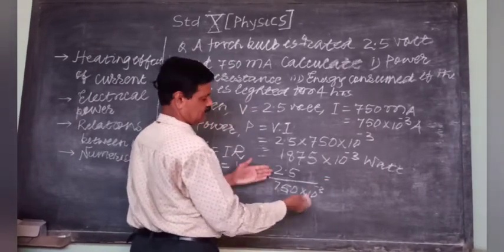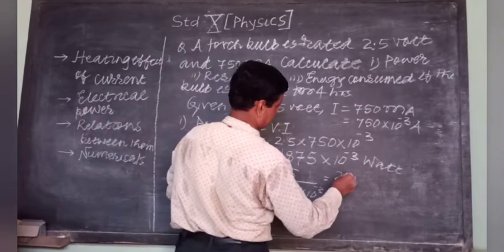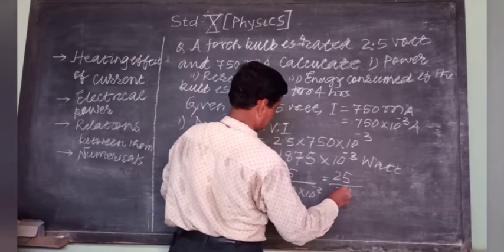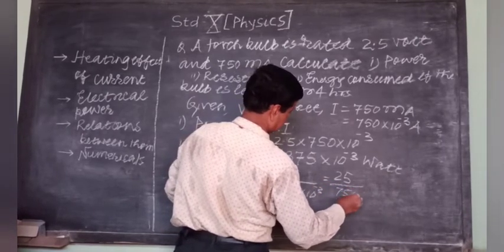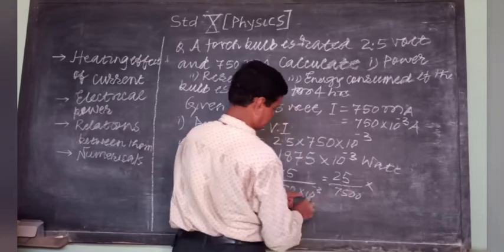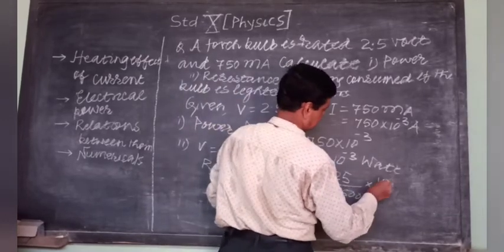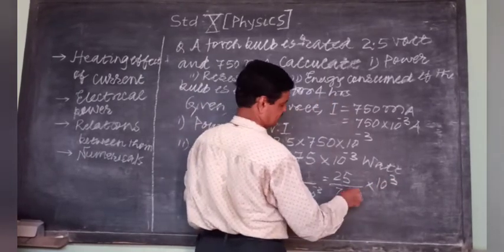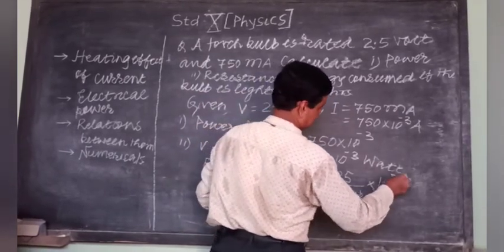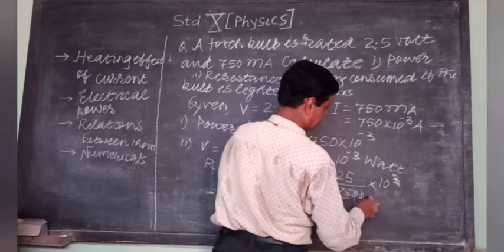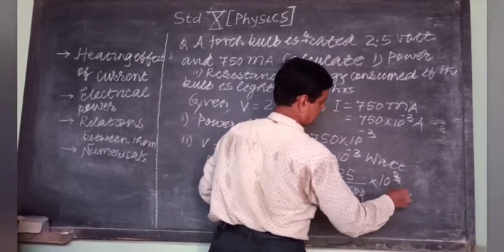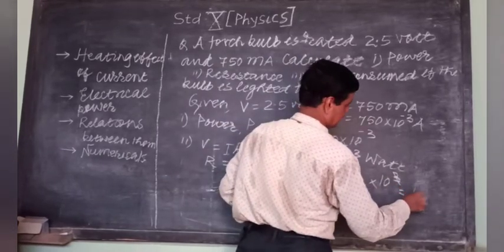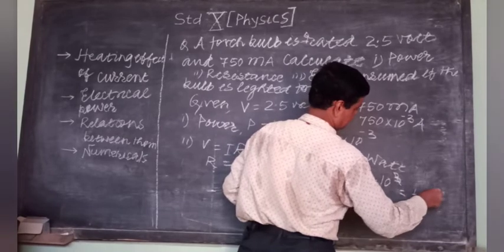You can solve it. It might be 25 by 7500, and this 10 to the power minus 3, in terms of this one, the 0 and 10 to the power 2 cancel, only 10 remains. 25 by 75 is 1 by 3 into 10.